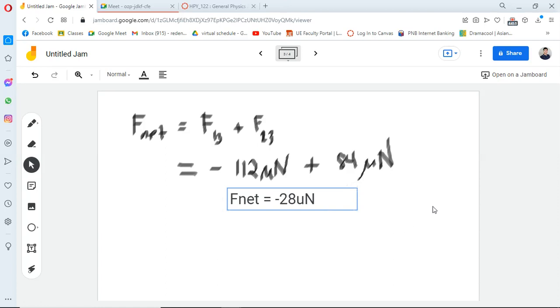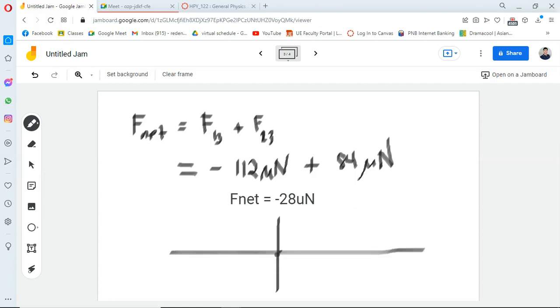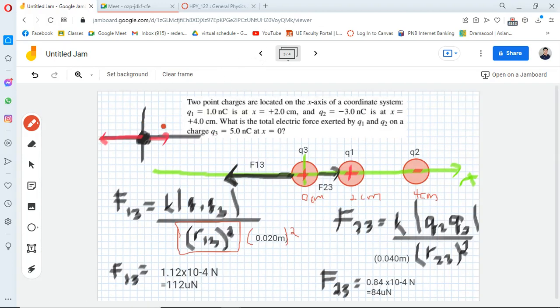So what does it mean? It means that the charge Q3 at the origin of the x-axis experiences a net force like this. The earlier two, this one is the upper right, left.